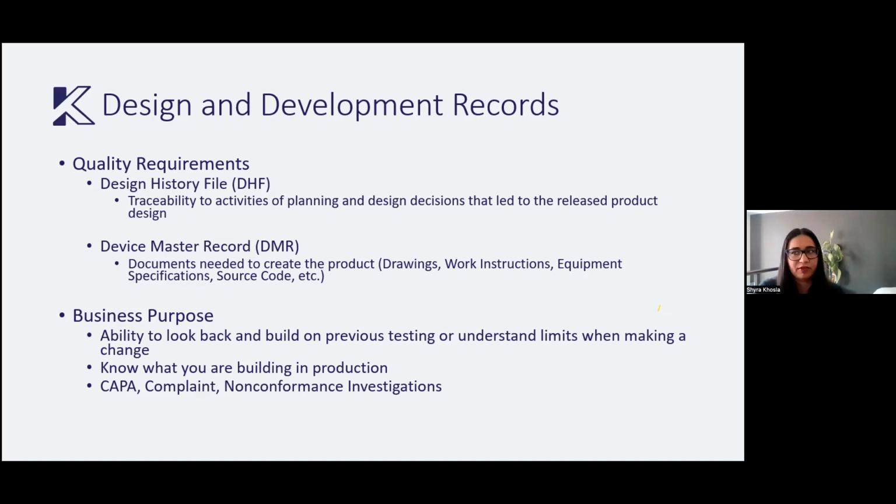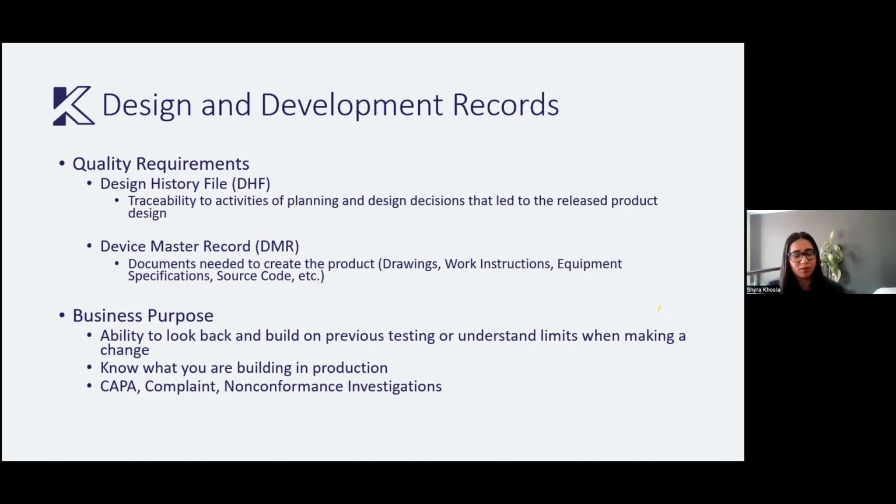The last part of this is in terms of CAPA, complaints and non-conformance investigations. CAPAs are corrective and preventive actions. Complaints are when there's an issue in the field. A non-conformance is when there is an issue in manufacturing.